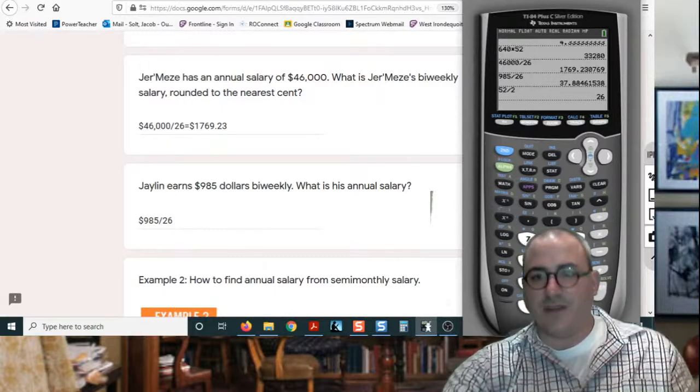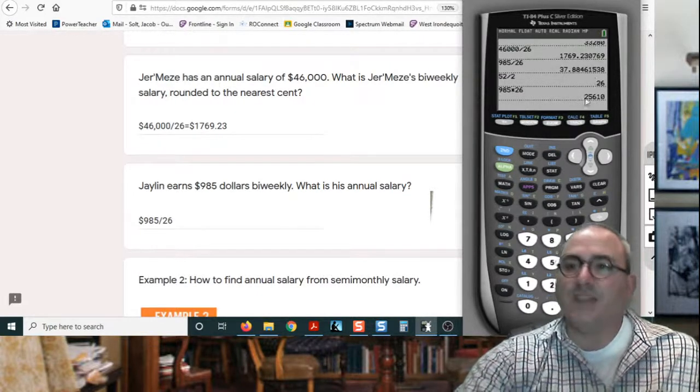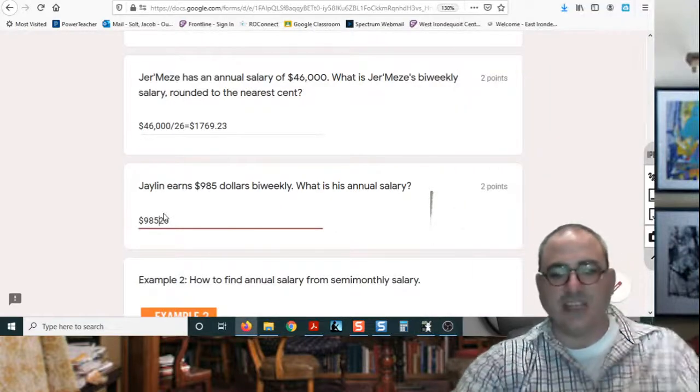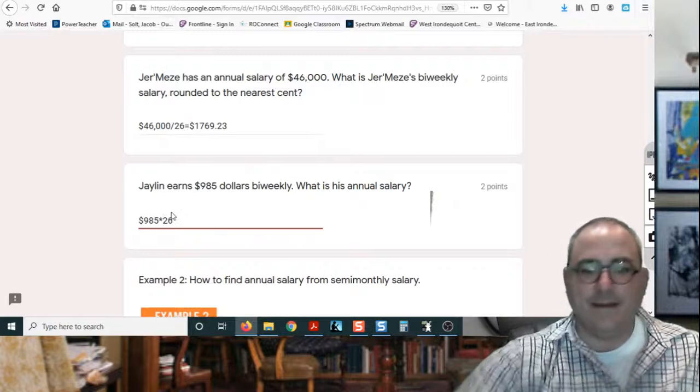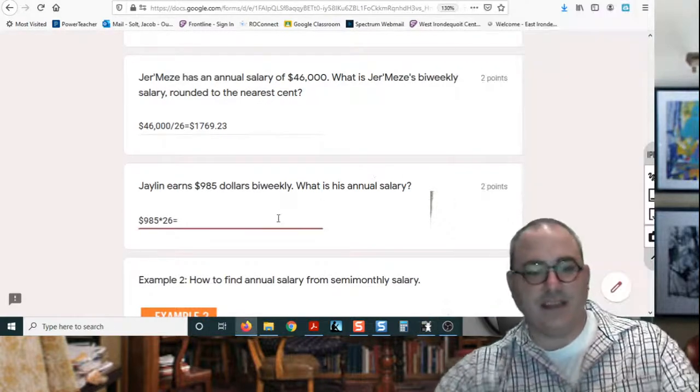That's where the 26 comes from. If I take this 985 and multiply by 26, I get a result which makes sense. 25,610 is the kind of number I should be expecting here. So I need to change this to multiply, and then it's 25,610.